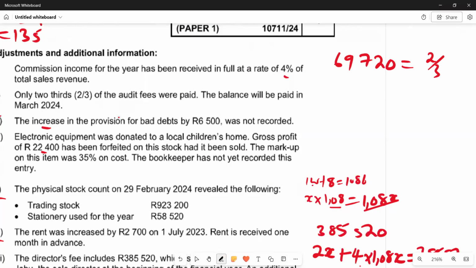So we need to find out the 1/3 that we provide in the answer section. We are supposed to show it by adding it to the 69,720. So the one that is missing, that is accrued, is 1/3, which is a question mark.